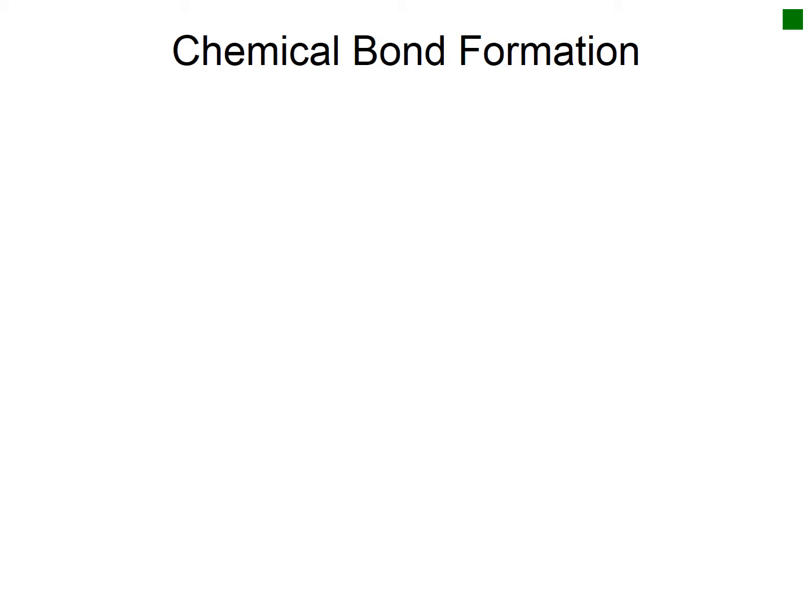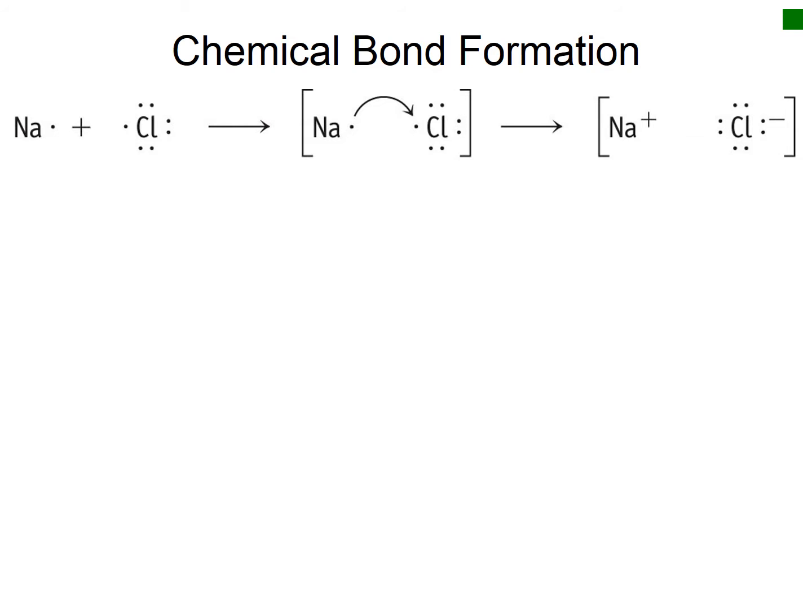So in terms of chemical bond formation, if we look at this example of taking sodium, remember, sodium is in group 1, meaning it has one valence electron as shown by the single dot. Chlorine is in group 7, meaning it has 7 valence electrons shown by the 7 dots around it. So if that electron-hungry atom, chlorine, which has 7, gets near sodium, which has 1 and is less hungry for it, you can think of the electron as getting stolen over to chlorine.